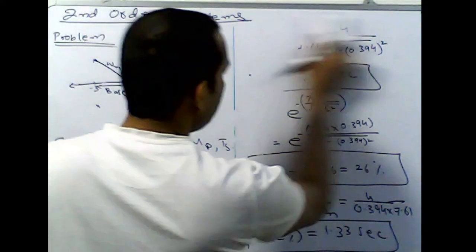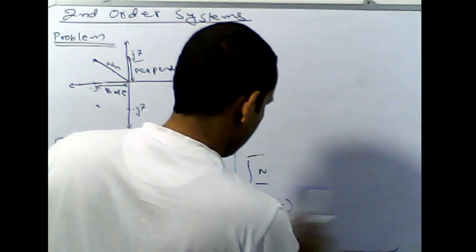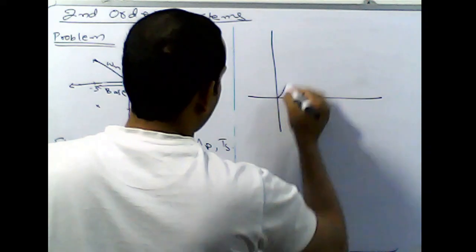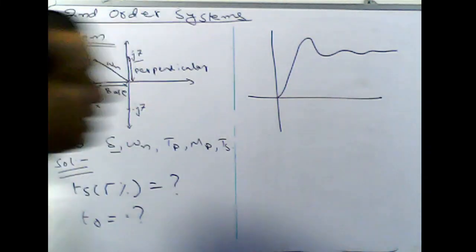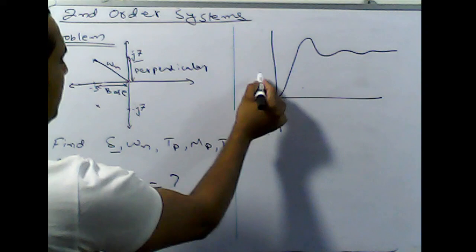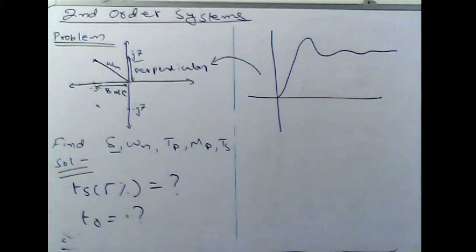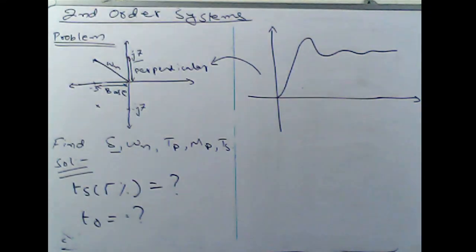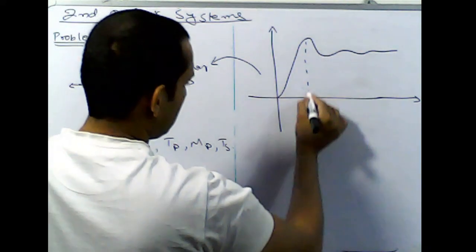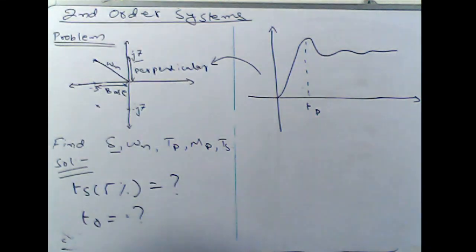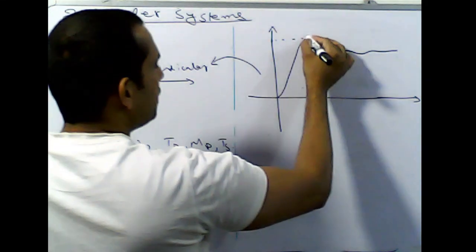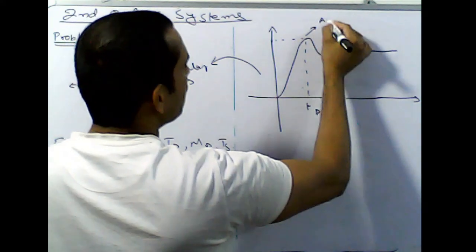Let us say, for example, this is the step response of this system. What you have to do is mention the peak time here, the peak value, AP.